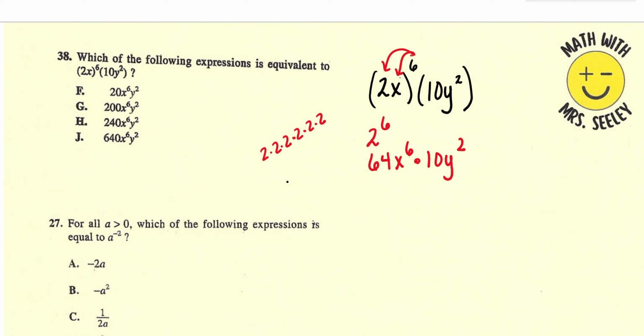Now, again, the numbers you're going to do like your entire life. If you were told to multiply 64 times 10, you would get 640. The x to the 6th and the y to the 7th just kind of come along.